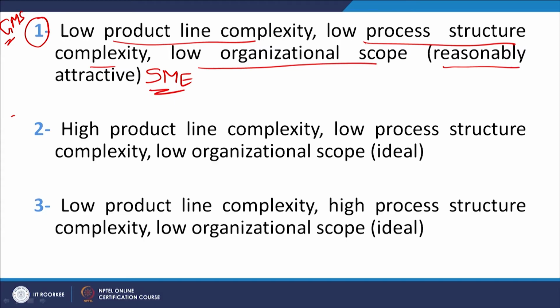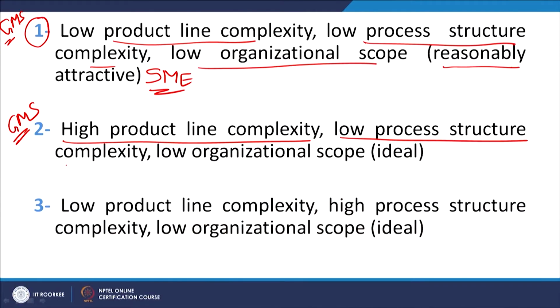Now, coming to the second type of generic manufacturing strategy, which is the high product line complexity. This is just opposite to the first in one particular sense: high product line complexity, but low process structure complexity and low organizational scope.